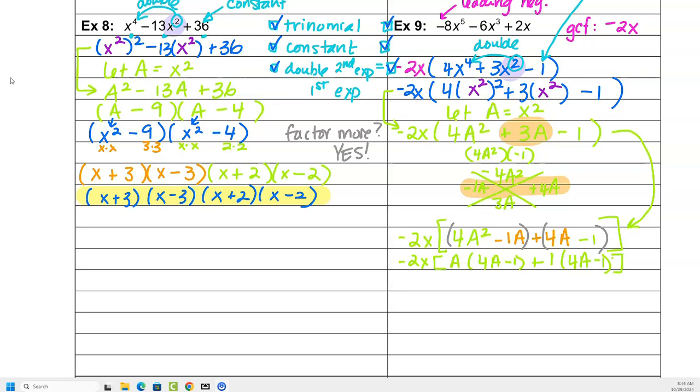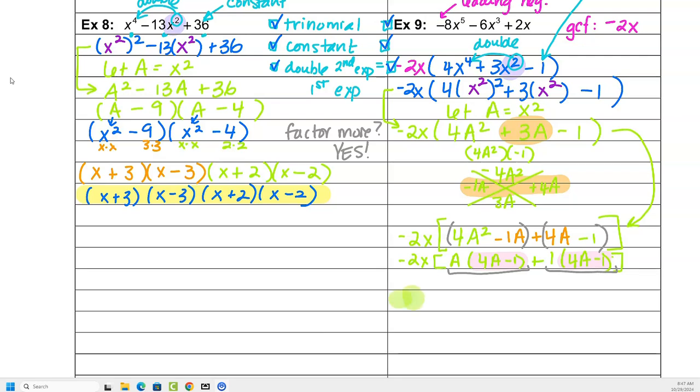Okay, so now we have two terms. Do you guys see that? We have this one here and this one here. Do you see that they both have the 4a minus 1?